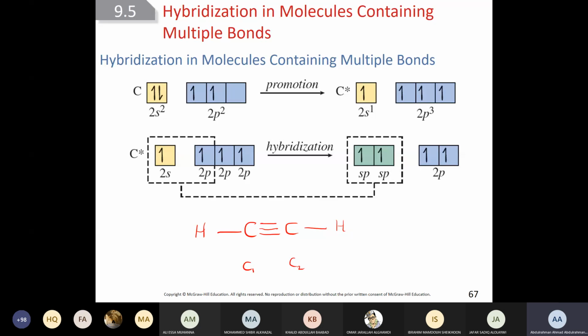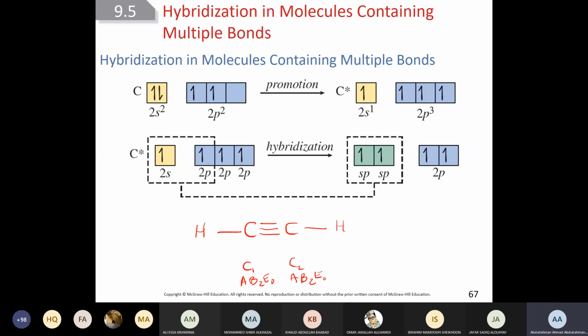What's the hybridization of C1? By the way, what's the electron domain first? AB2E0, exactly. What's the electron domain for C2? The electron domain is the same, AB2.